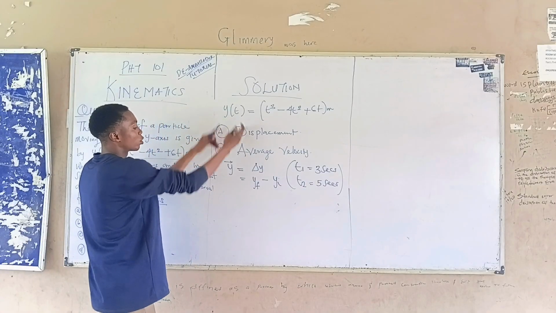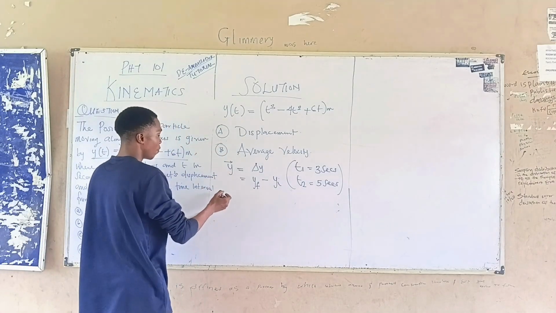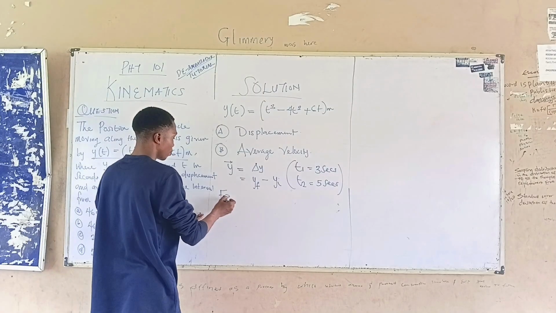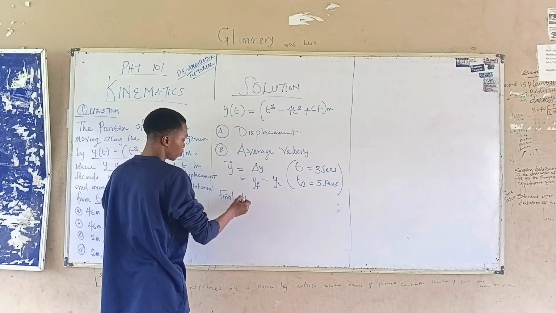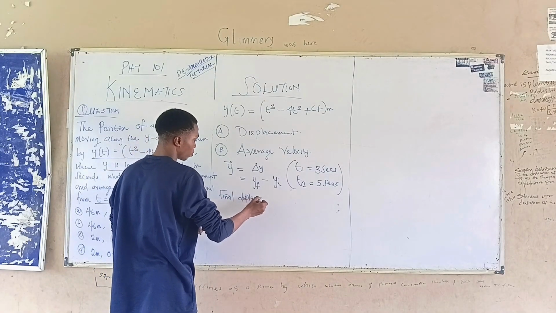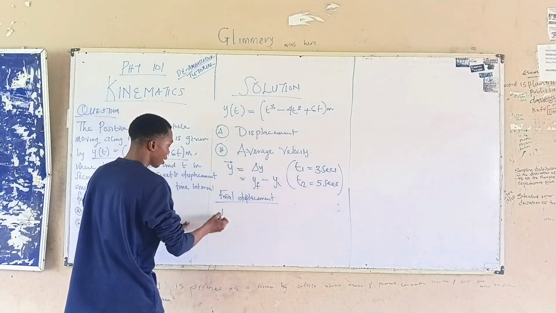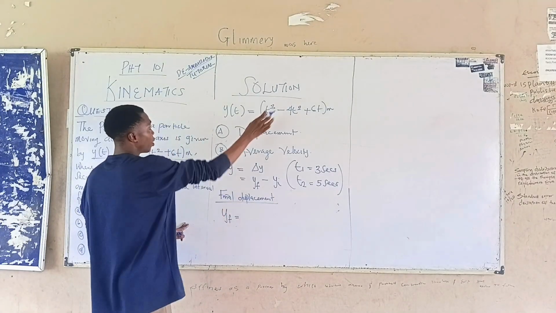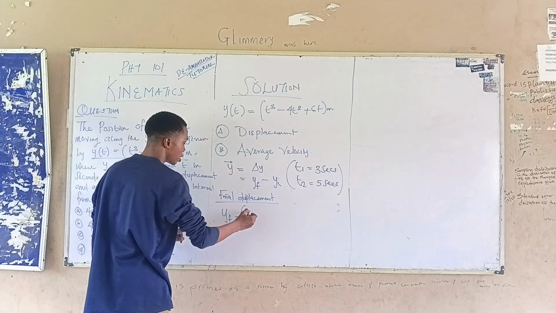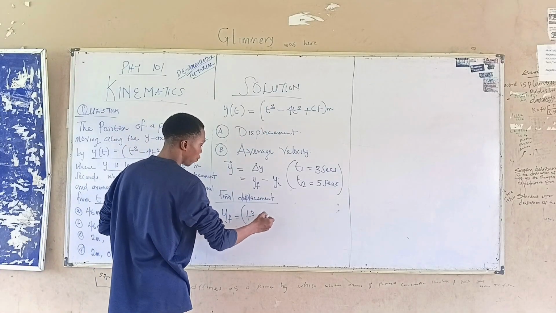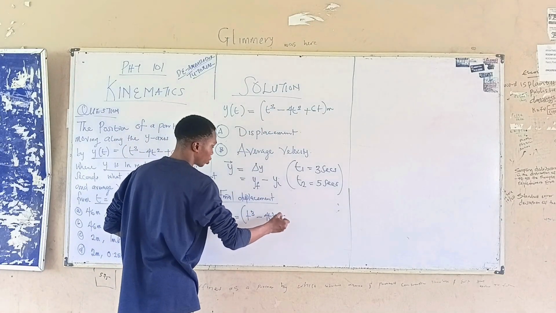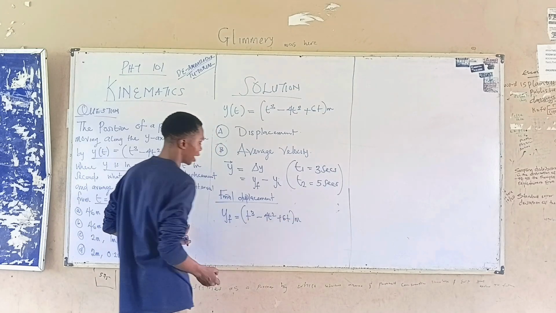So how would I use that to solve the kinematic equation? Firstly, find the final displacement. My final displacement is yf equals, writing out the kinematic equation, t to the power of 3 minus 4t squared plus 6t, closing the bracket, meters.